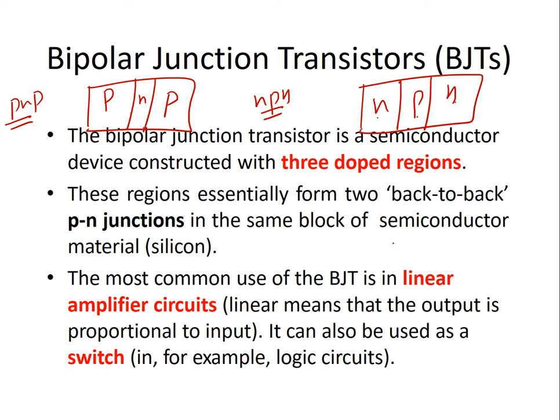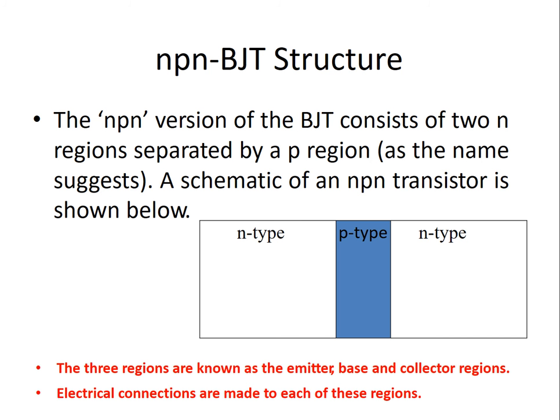We get three doped regions, and basically two back-to-back PN junctions. One junction is formed here and another junction is formed here. If we talk about the NPN version, here we have N-type material, here P-type material, and again here N-type material.